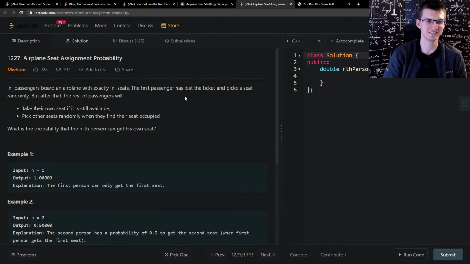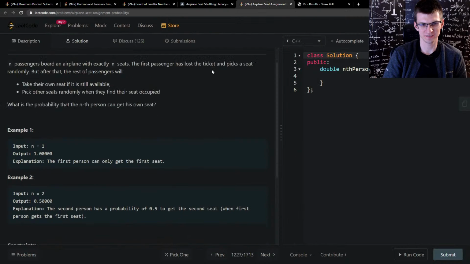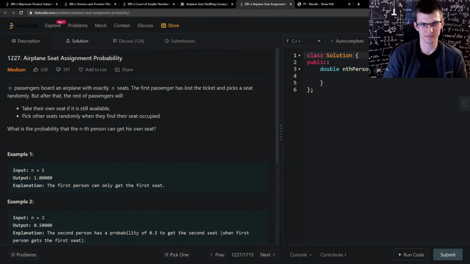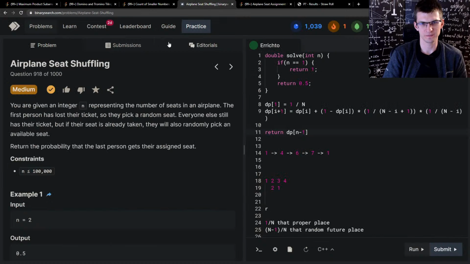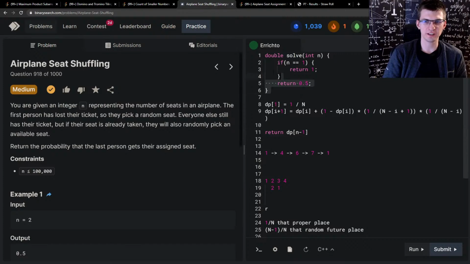Which was first? I guess Leetcode, right? No solution for this question. Okay. If this didn't work, then I would implement that. But let's see the editorial.